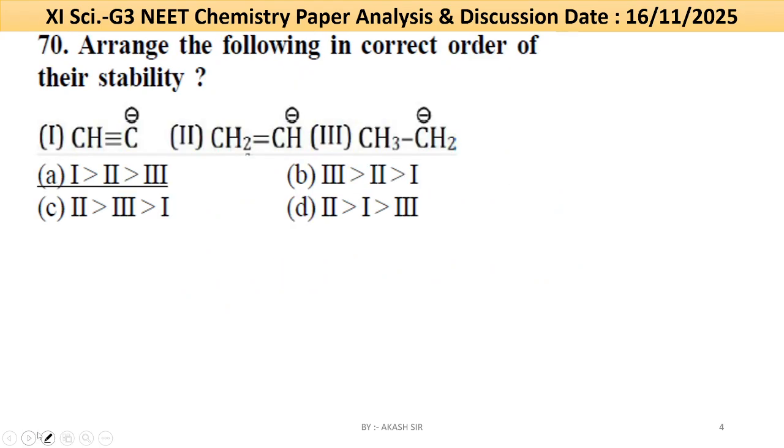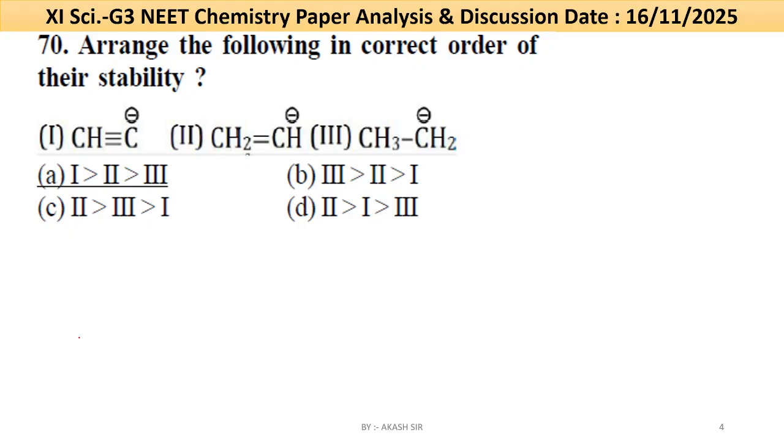Now question number 70. Arrange the following in the correct order of their stability. Now here, you know how to decide the stability of a carbanion, the carbon having a negative charge.